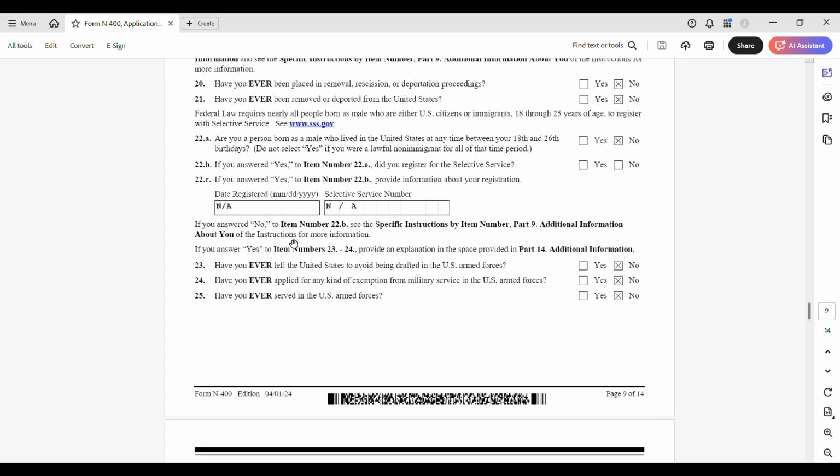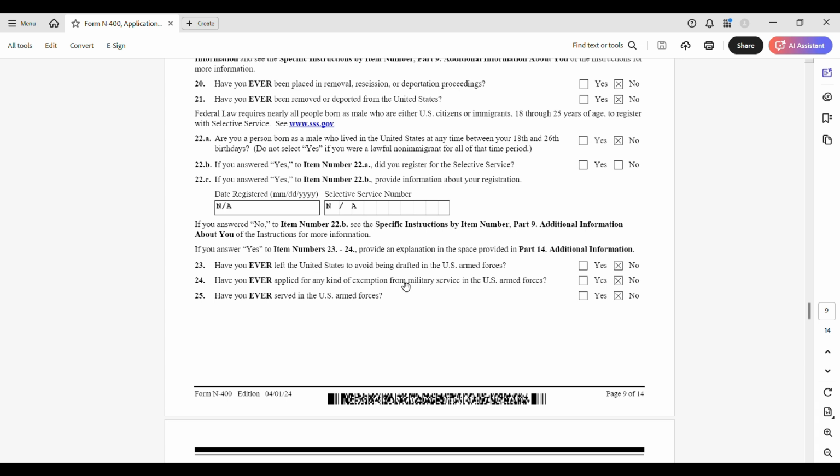If you answered no to item number 22B, then this section here would be applicable to you. If you answer yes to item numbers 23 to 24, provide an explanation in the space provided, and that is in Part 14, Additional Information. You would need to provide that explanation.